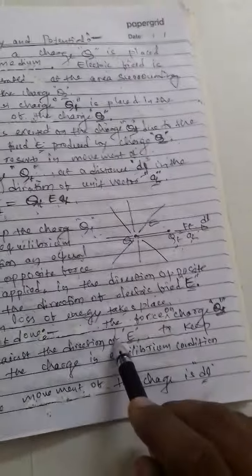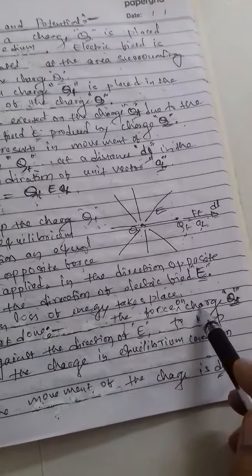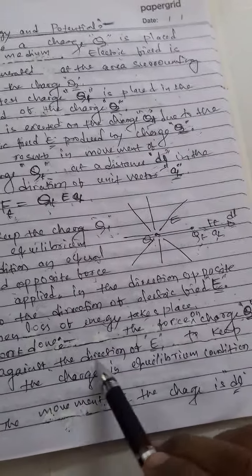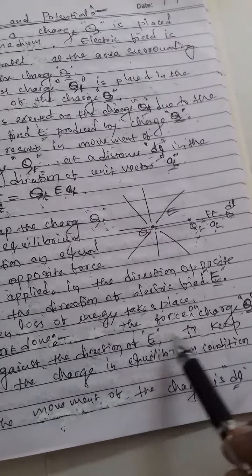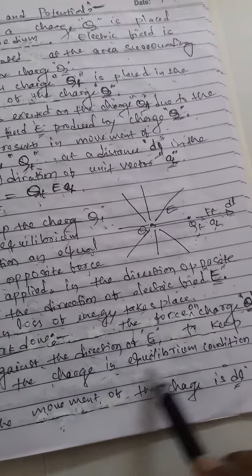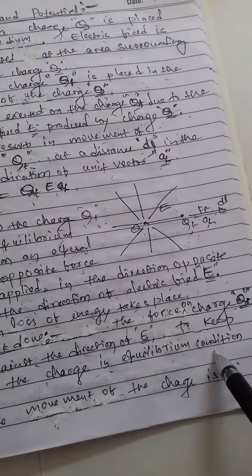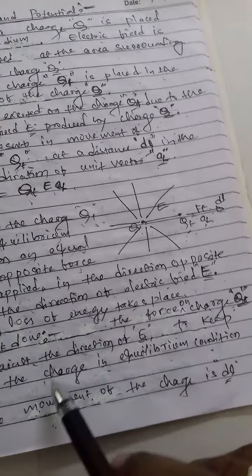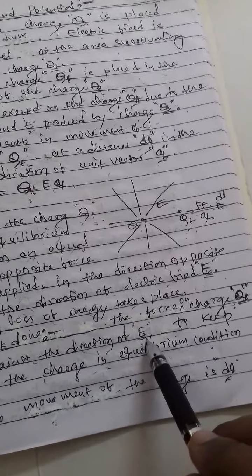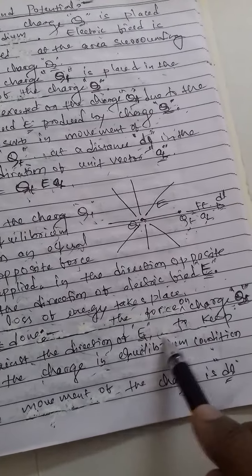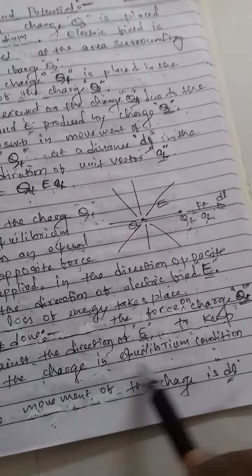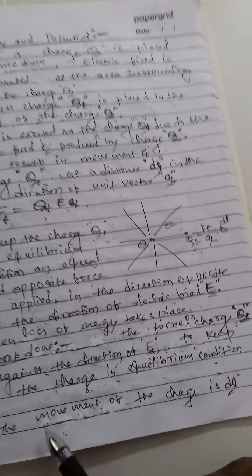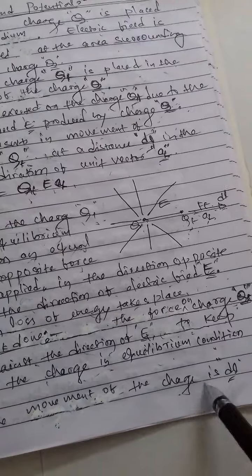So the work done is the force on a charge Qt against the direction of electric field E to keep the charge in equilibrium condition. The movement of the charge is dl.